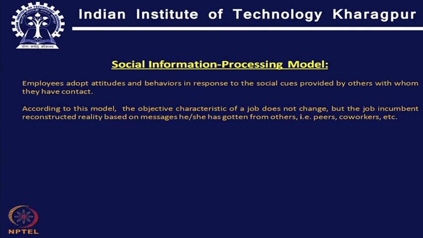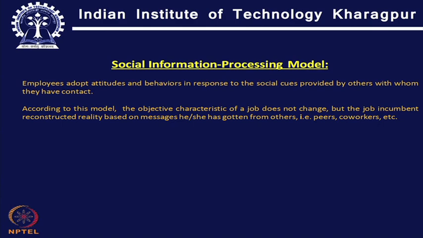And social information processing model is when people take cues from the environment provided by others to know which job is more important to them or not.